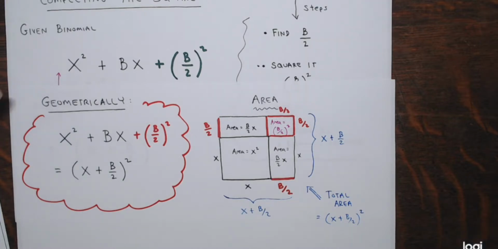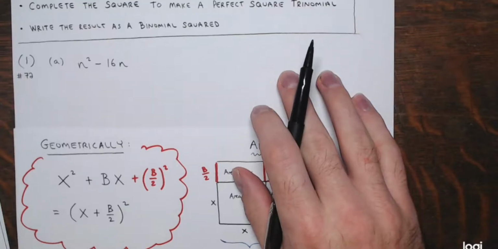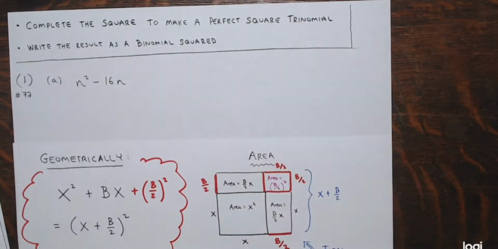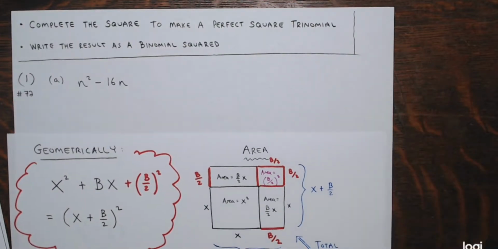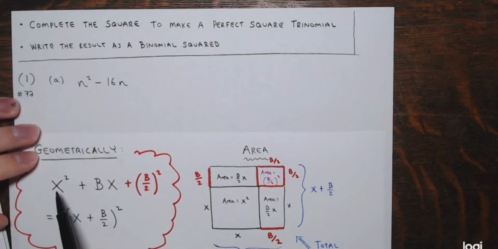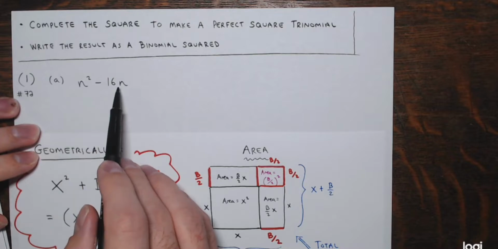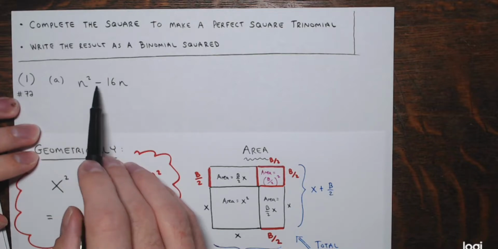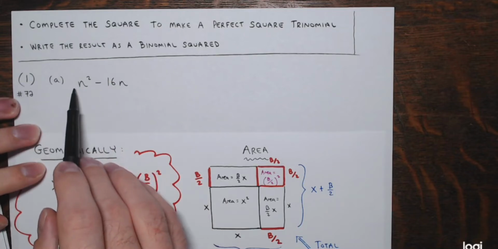Alright, going back, I'll just keep this up. Look at number 1, part A. Now it's not x, it's n, but the same setup. I've got a binomial, a quadratic term and a linear term. The coefficient of the quadratic term is 1, which it needs to be.